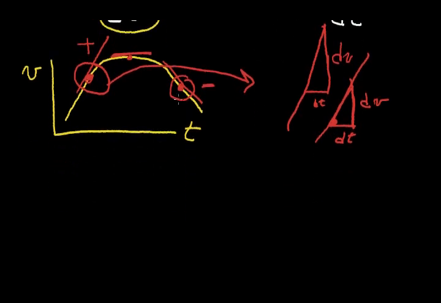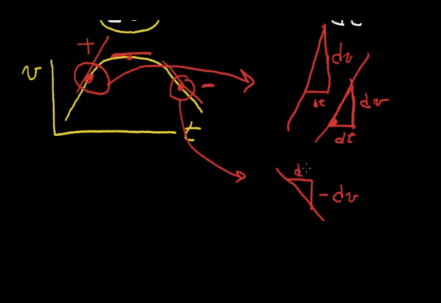Let's blow up this region. The curve is looking something like this. So if I take a small change in time and a small change in voltage, my dV in this case is negative because my voltage is decreasing.